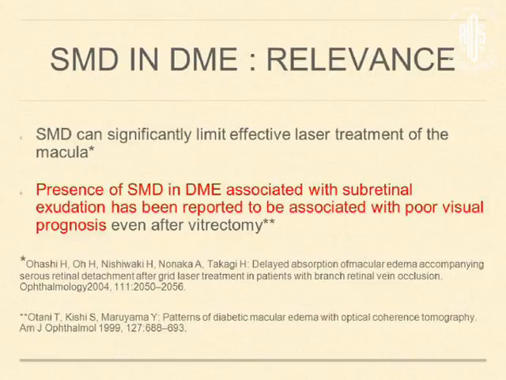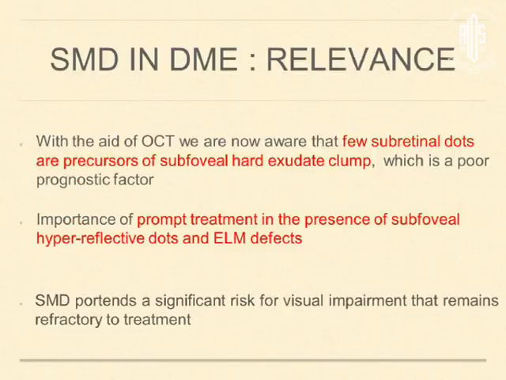And the presence of SMD in DME may be associated with subretinal exudation, which has been reported to be a poor prognostic indicator. And if you see subretinal dots, few subretinal dots, these are precursors of subfoveal hard exudate clump. So prompt treatment of this finding in OCT helps in attaining a better visual prognosis in the presence of external limiting membrane defects on the high resolution OCT.